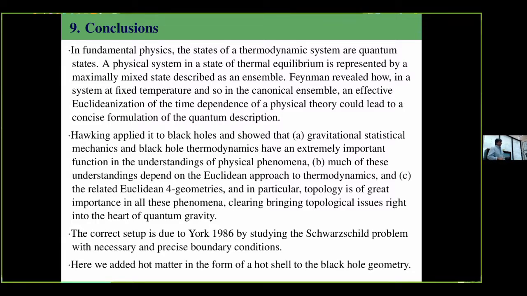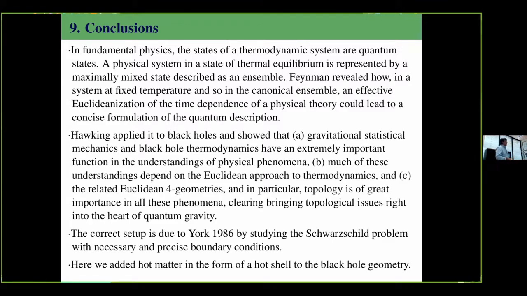But then York in '86 pointed out that, well, we have to have a heat reservoir, because heat reservoirs are the correct thing to have in a canonical ensemble. So we put a heat reservoir and studied precisely the Schwarzschild problem with the necessary boundary conditions. Here we have added hot matter in the form of a hot shell to the black hole geometry.